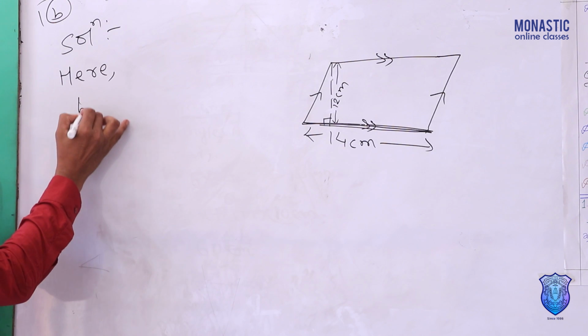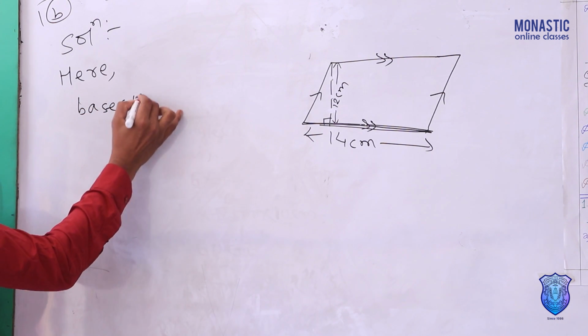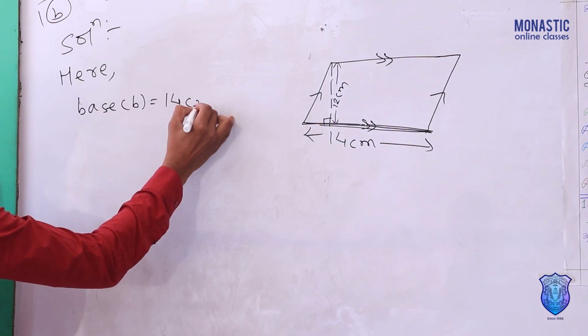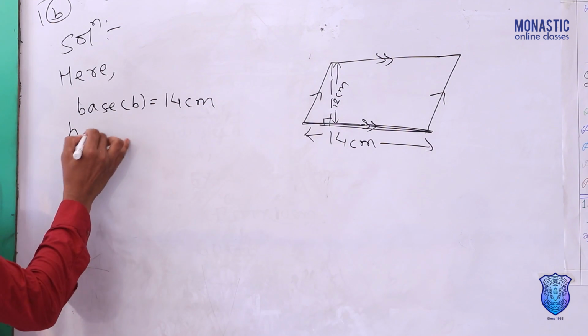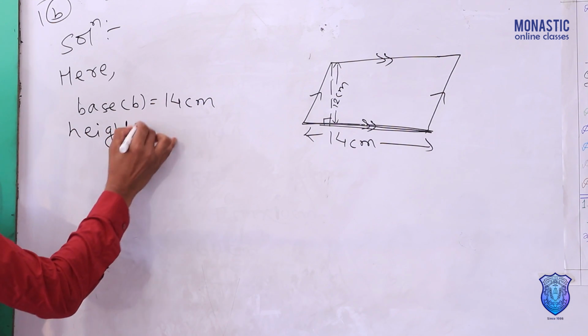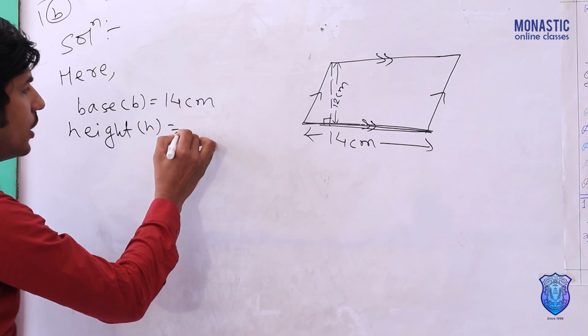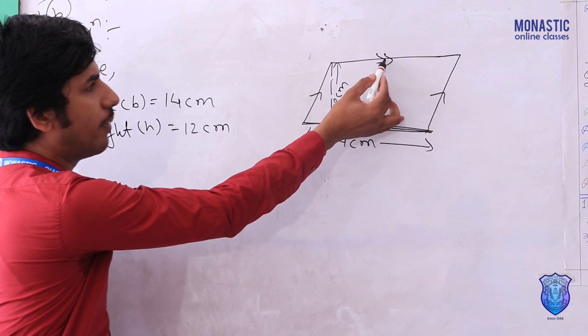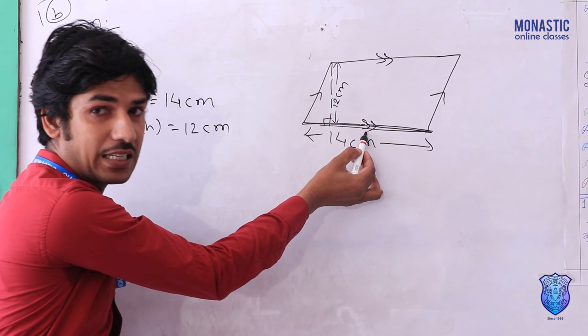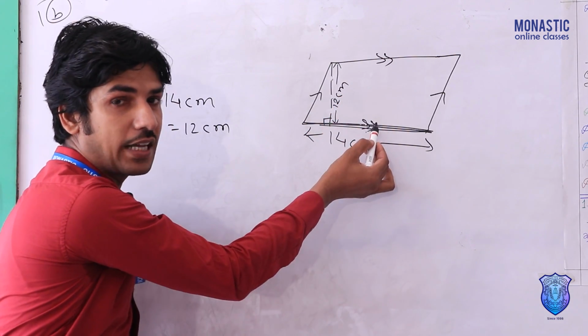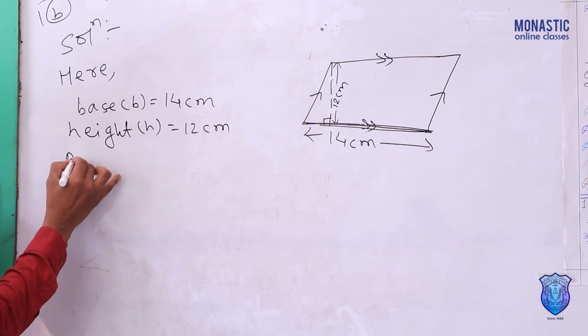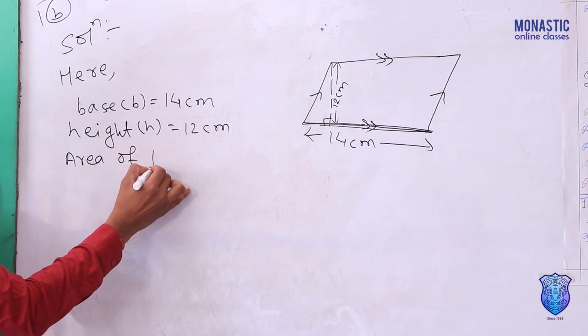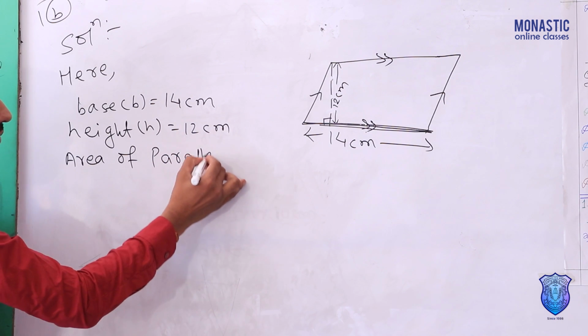Take care that base B equals 14 cm, height H is equal to 12 cm. Opposite sides are parallel and equal. So we have to find the area of the parallelogram.